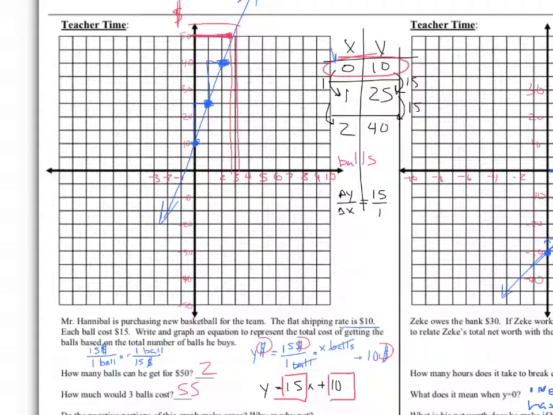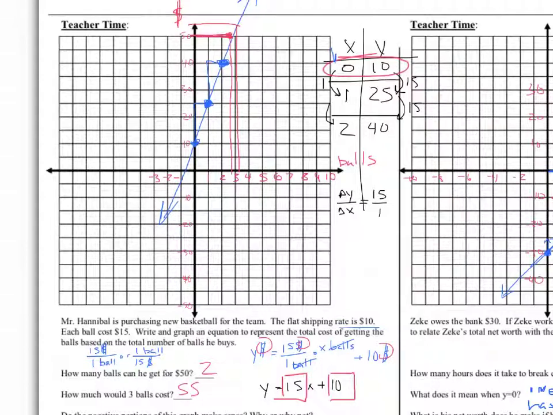I would take an argument either way. I would say that if you interpret this problem and you're thinking about negative going back in time, and you assume that he's been working for this job for many hours before that, and he used to have an even greater debt to the bank, I would say the negative x values could make sense.